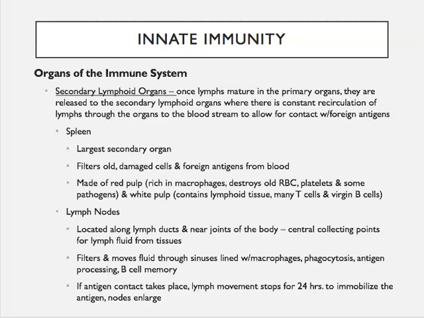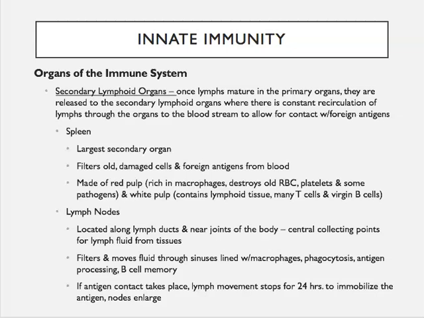And then the lymph nodes are located along the lymphatic ducts and are especially numerous near the joints and where the arms and legs join the body. So they're central collecting points for lymph fluid from those adjacent tissues. The lymph fluid is just a filtrate from your blood vessels. Its function is filtration.